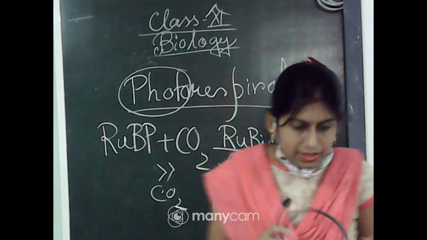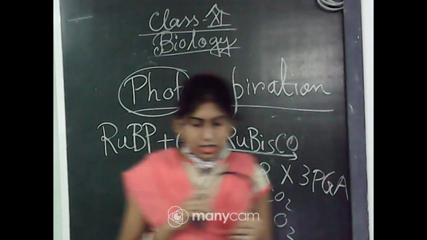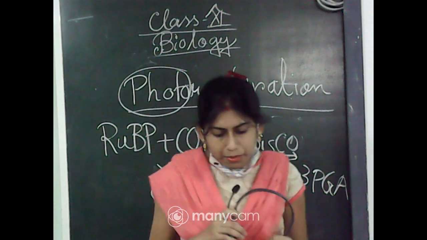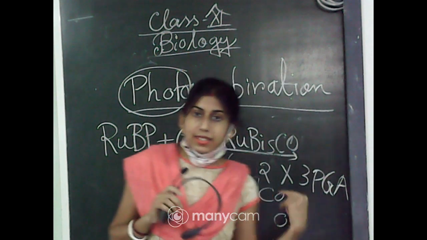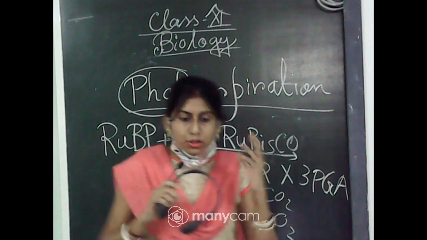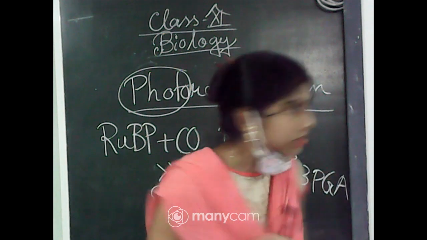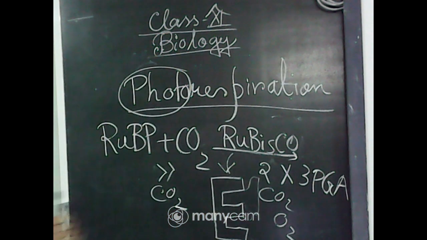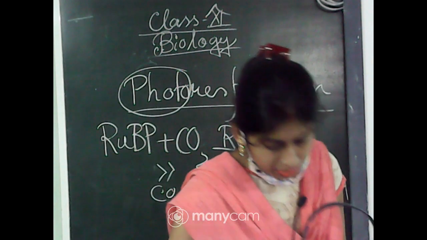It depends on the relative concentration of oxygen and carbon dioxide that determines which one of the two will bind with the enzyme. As it is a competitive binding, their relative concentrations will determine which one will bind with the active site of this particular enzyme.